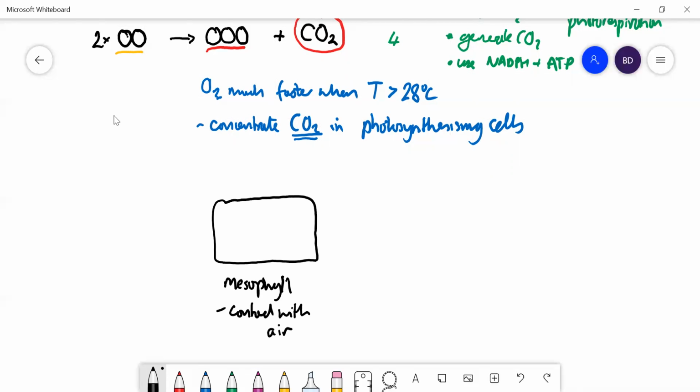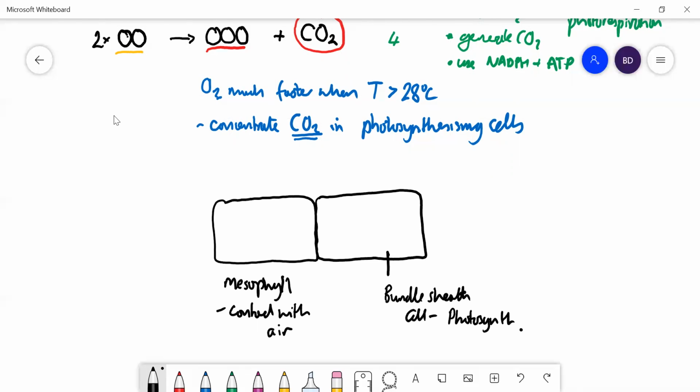Then in most leaves we call them the palisade cells, but in these kinds of plants they're called bundle sheath cells. That's getting the most light, so that's where you're getting most of the photosynthesis.